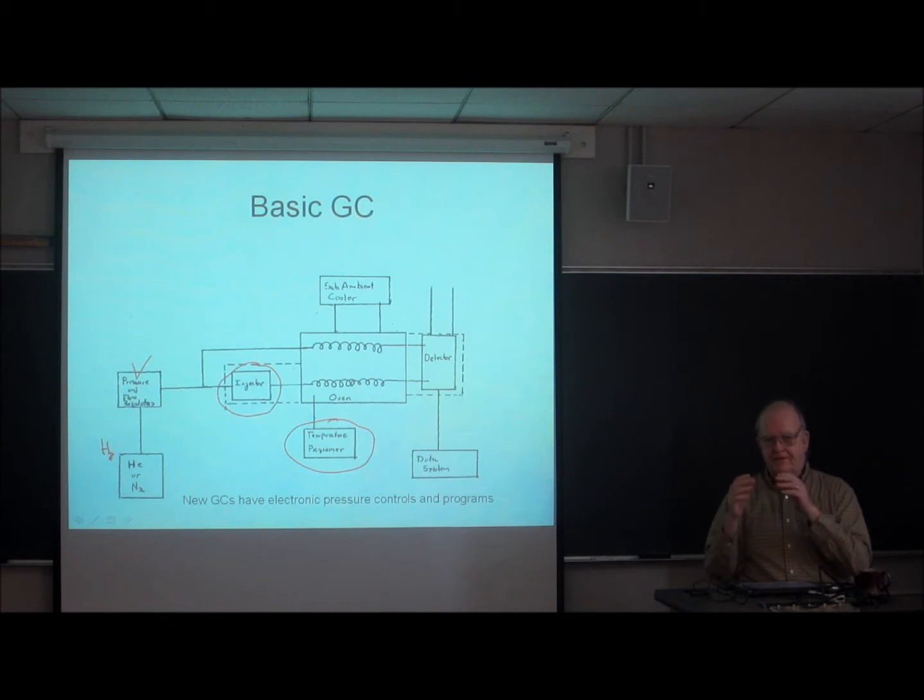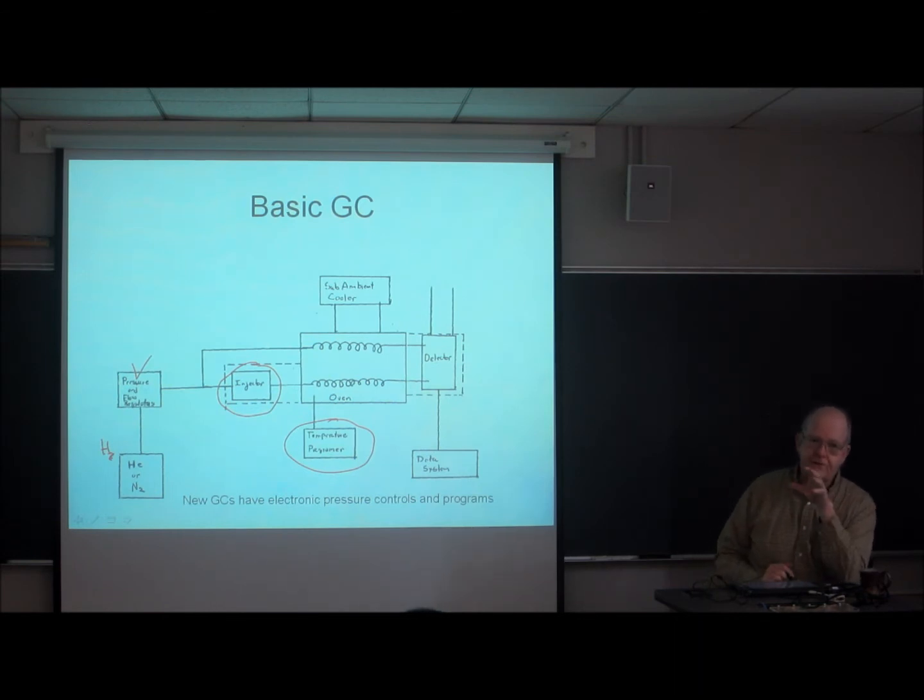So if you change the column, or the column diameter for some reason changes, or you chop off a couple of centimeters of the capillary and you change its flow resistance, your flow rate's going to change. If you change the temperature of the column, the flow rate's going to change.